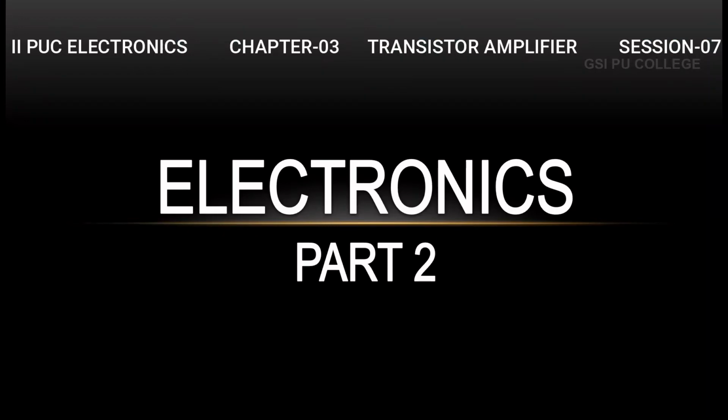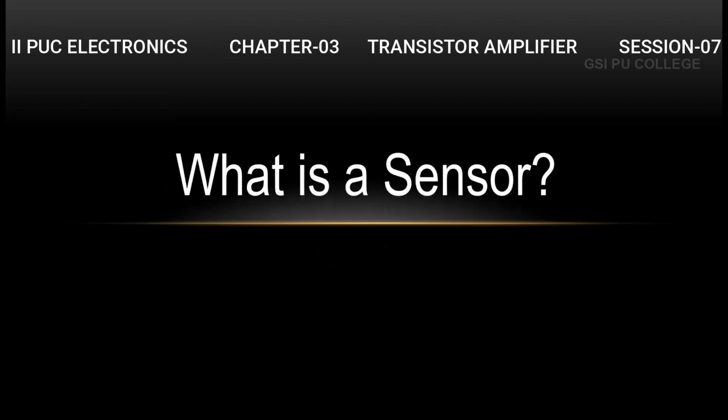Hello everyone, welcome back to part 2 of the session. In this session, we are going to see what is called a sensor. So what exactly is the meaning of a sensor? It is nothing but a device or a module or a machine or a subsystem whose purpose is to detect events or changes in the environment and send that information to other electronic circuits, which can be a computer processor.